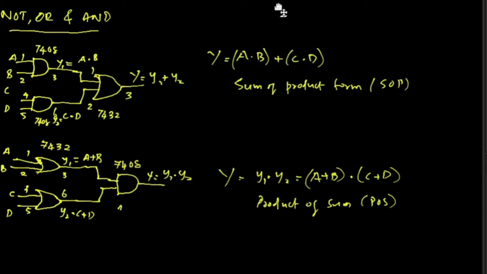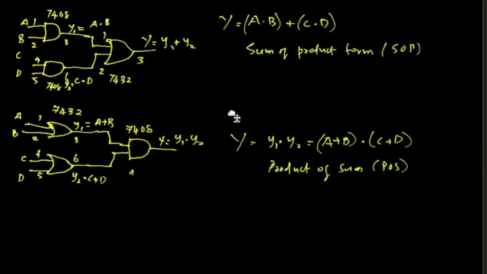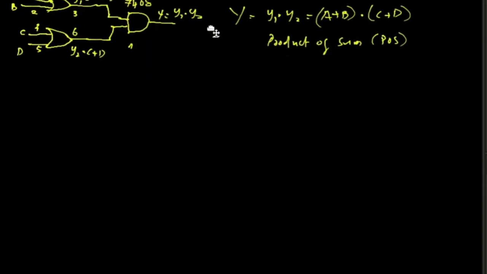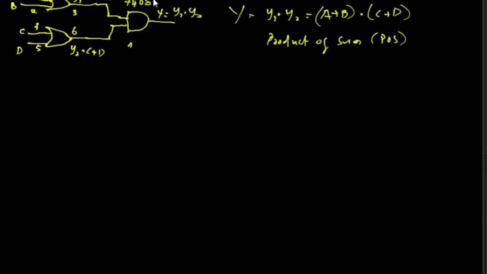Now consider one more circuit in the form of a sum of product. Suppose we have an AND gate here with two inputs. One of the inputs is given as the complement.